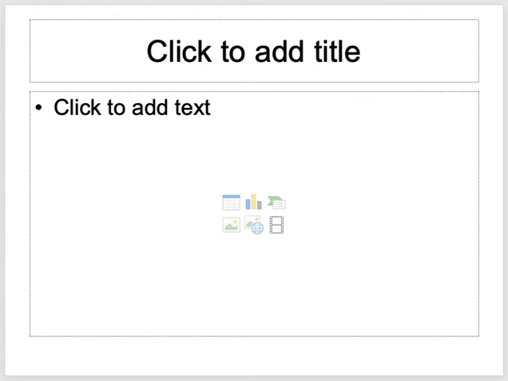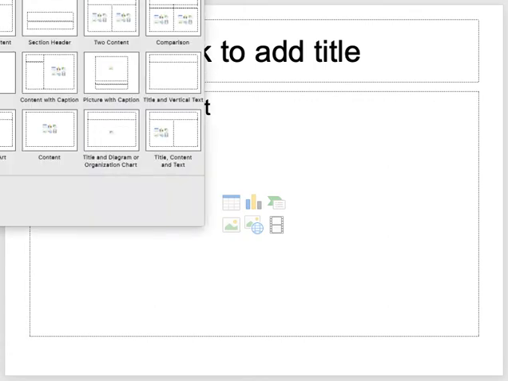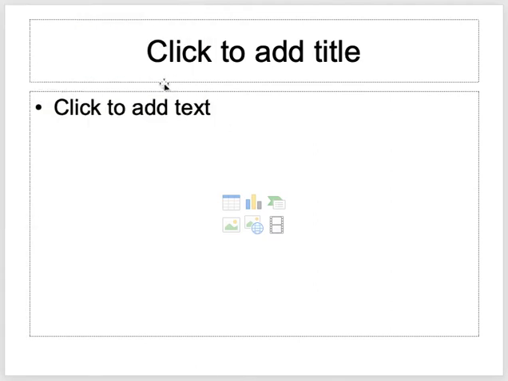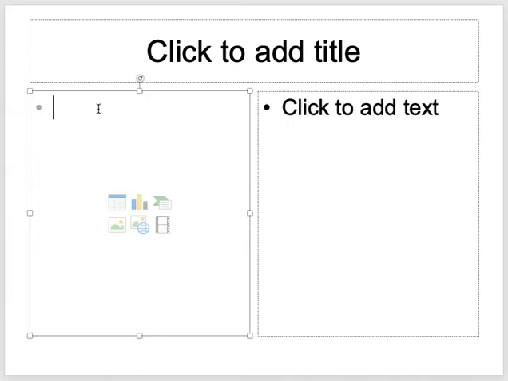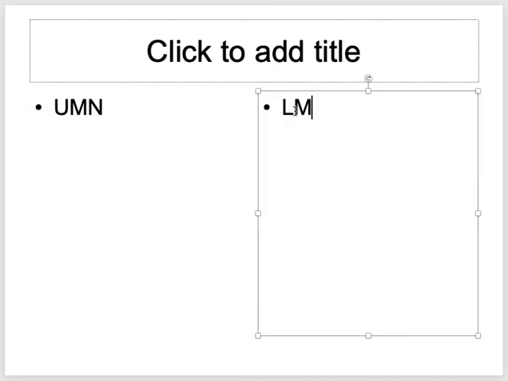Simply upper motor neuron as well as lower motor neuron. So for example, this one is upper motor neuron. Okay. And this is lower motor neuron.